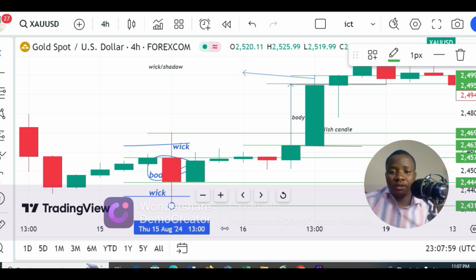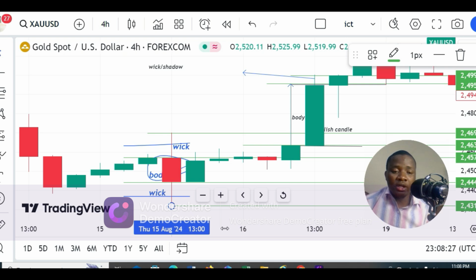So what does that mean? That means that despite the fact that price opened at 24.57 and closed at 24.44, it went both higher on the upper side and lower on the lower side. However, it didn't close at the highest point or at the lowest point. That's why it left the wicks on both sides. So basically that is the interpretation of a wick.